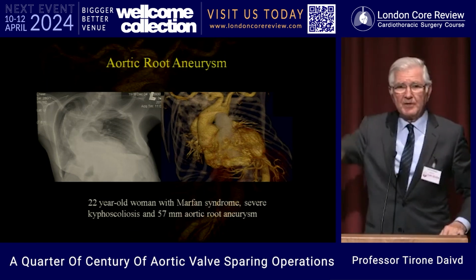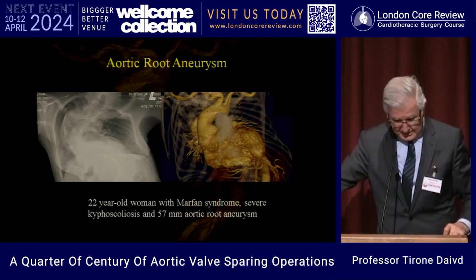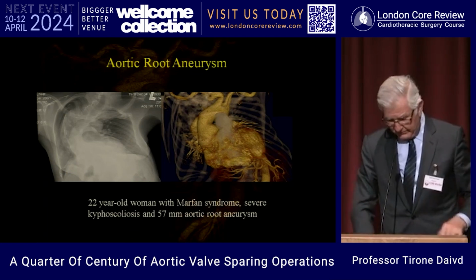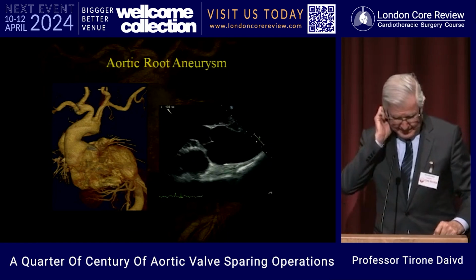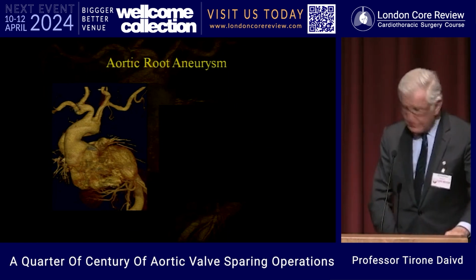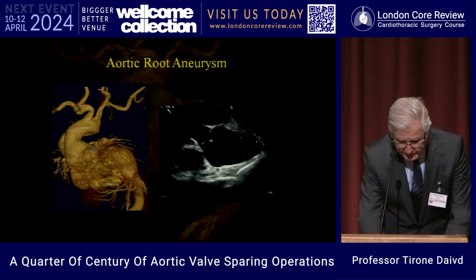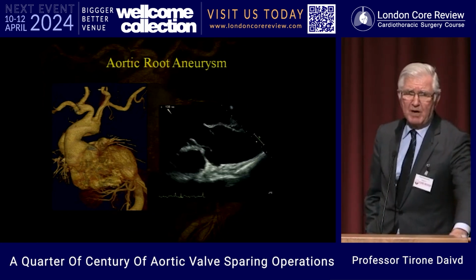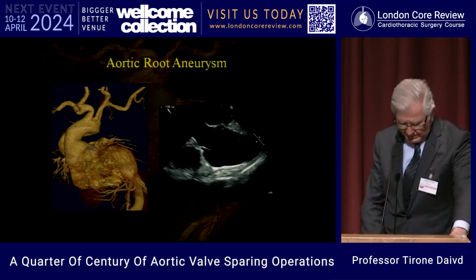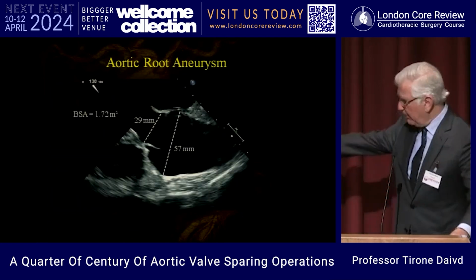She has an aortic valve sparing, and she has a normal aortic valve now. Smart woman. Her echo, however, is shown to you here. Beautiful aortic valve. Incompetent. She has moderate AI. But look at the size. She's only about 5 feet tall.